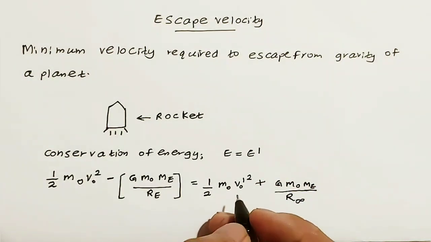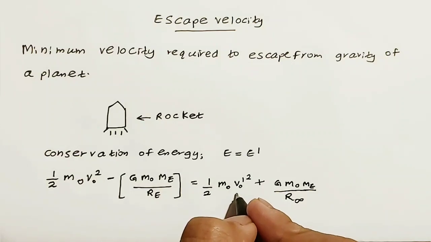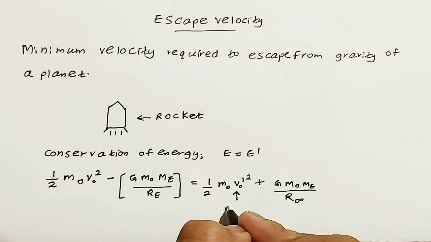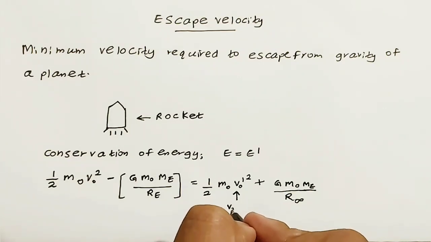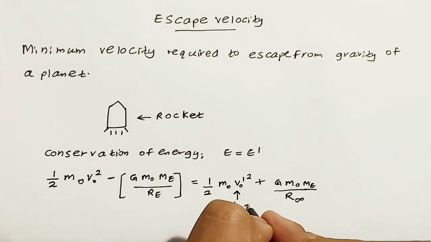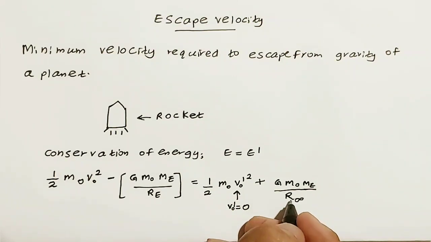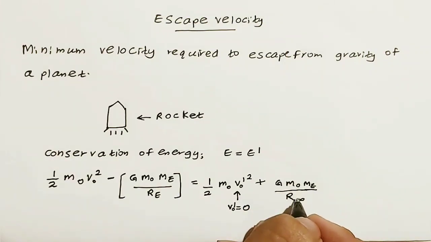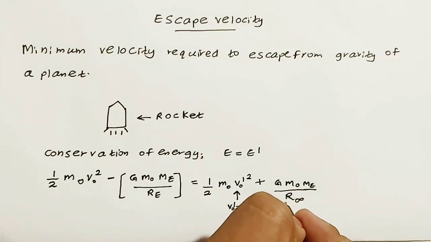Here we know that this object would have a velocity equal to 0 at infinity. And since R infinity is an infinite distance, this particular term divided by infinity would go to 0.